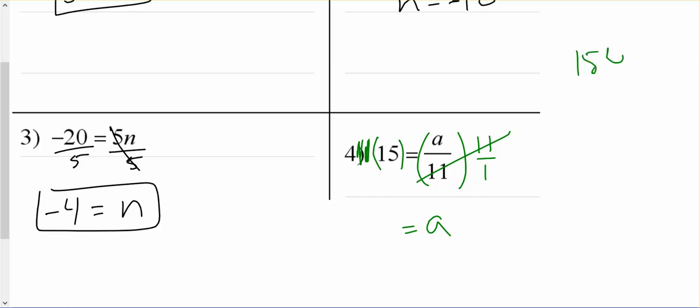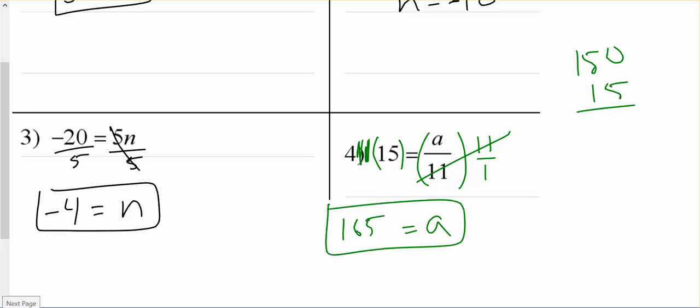Let's try some more. So what happened here? For B, we're multiplying by negative 7/4. So what undoes multiplying by negative 7/4? Dividing by negative 7/4. But division is the same as multiplying by the inverse.